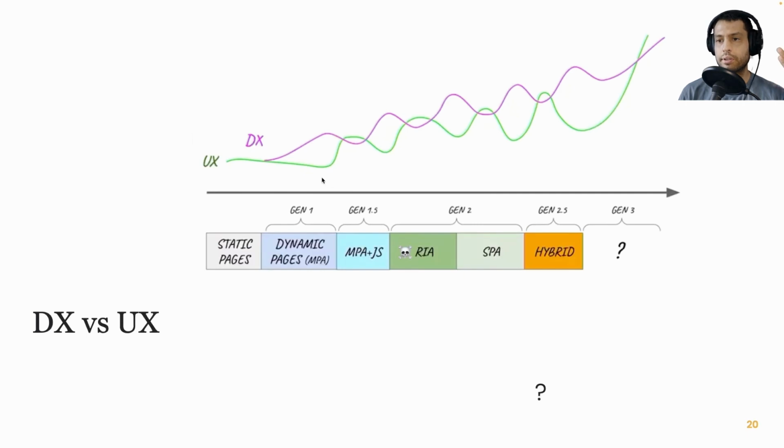For example, when JavaScript was first introduced, it was a great improvement because now we had the ability to make applications more interactive. However, the developers needed time to learn how to do that. They needed to learn how to introduce the common patterns, libraries emerged that helped speed up the development, so the development improved with time. However, the user experience downgraded.